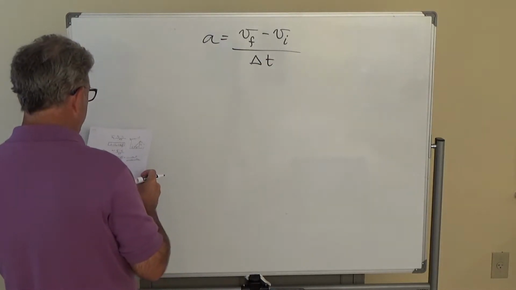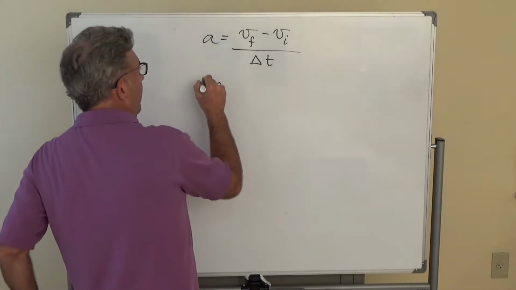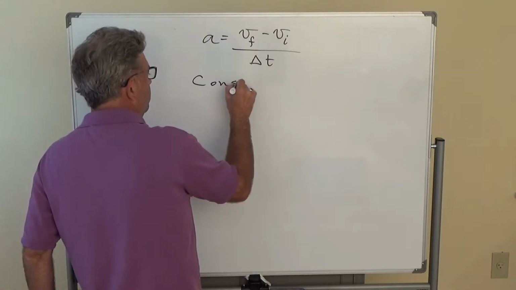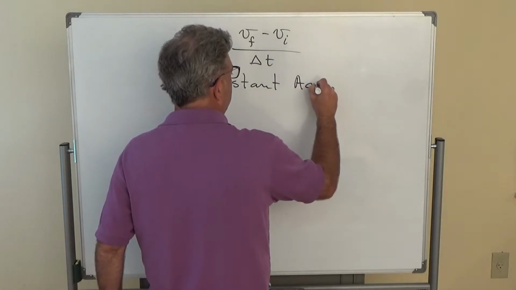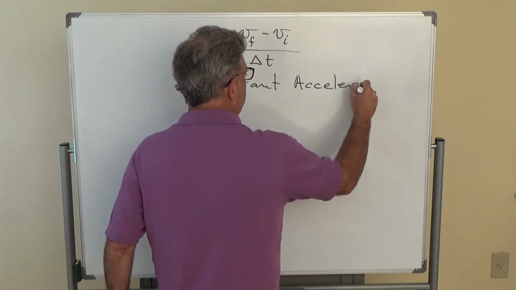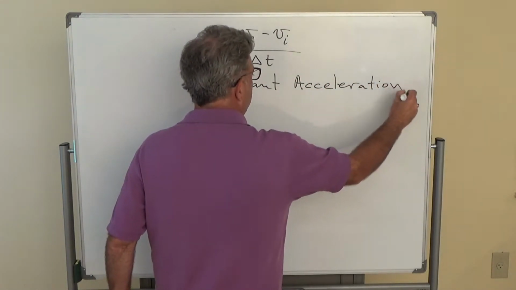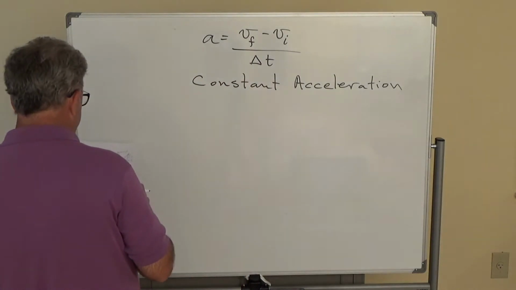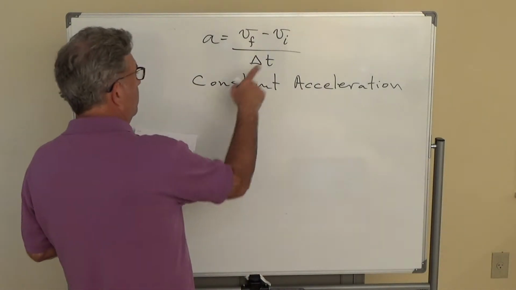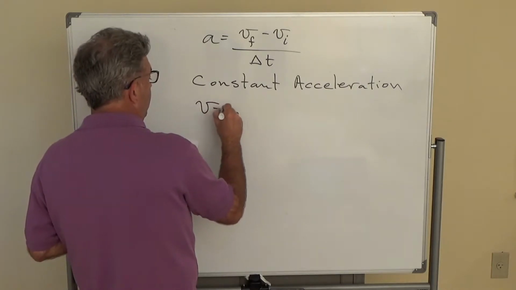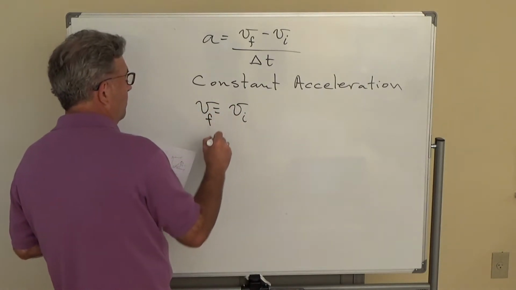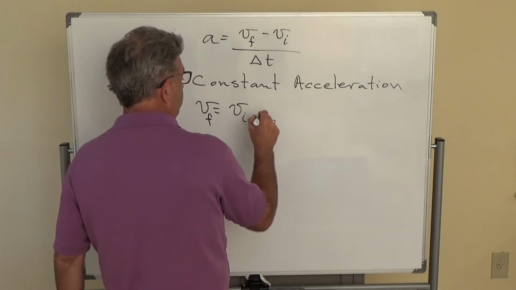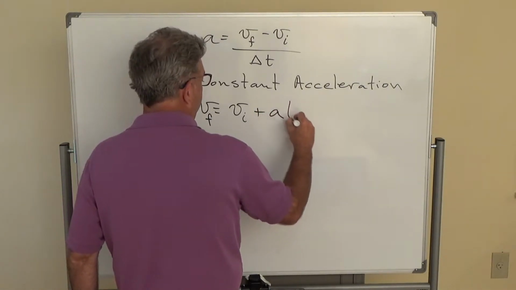Okay, that's the acceleration. For constant acceleration, you can move this around and you get v final is equal to v initial plus a t.